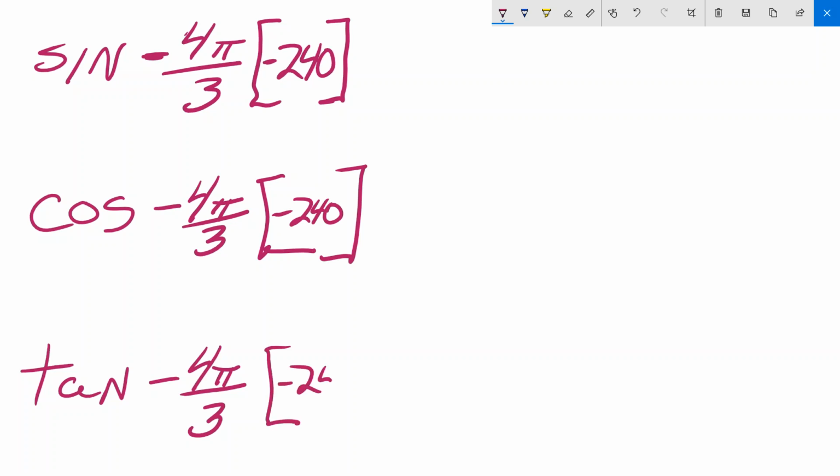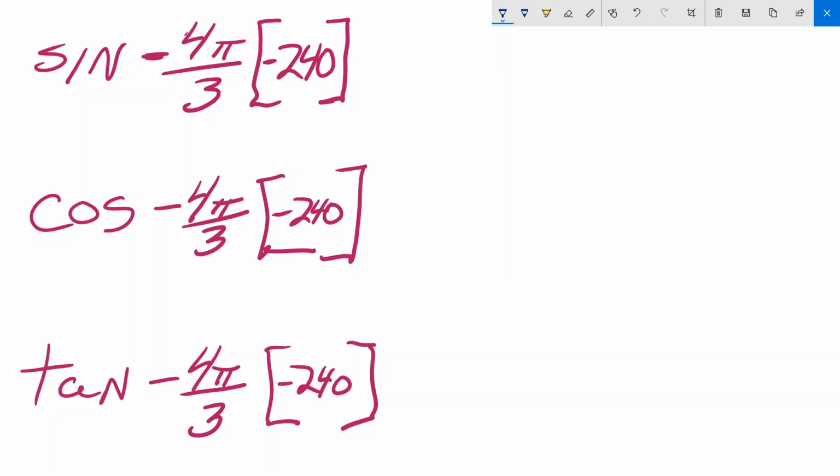Now, we have a decision to make at this point. First of all, what quadrant is that in? Remember, negative angles start from the x-axis and go clockwise, not counterclockwise.